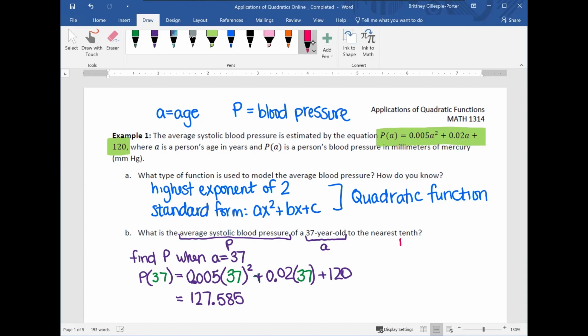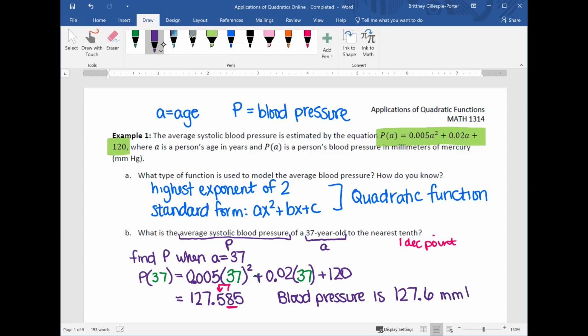10th is 1 decimal point, which means we're going to look at the second decimal point. The 8 is enough to round us up, and we find out that the blood pressure is 127.6 mmHg.